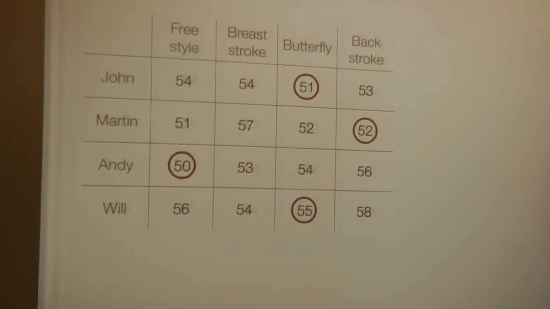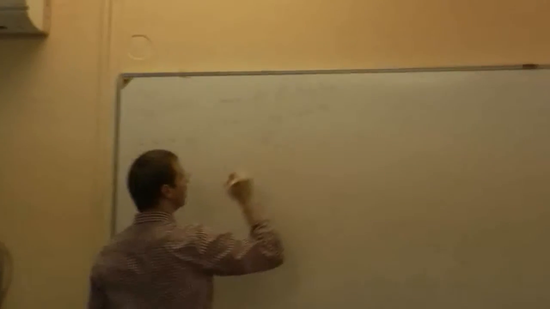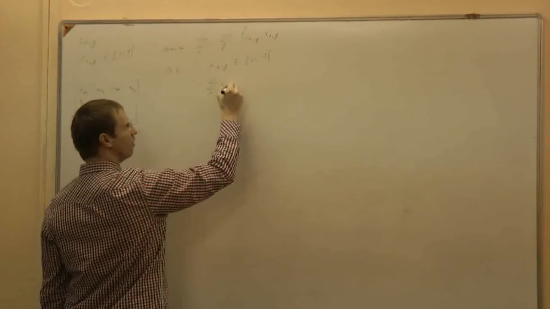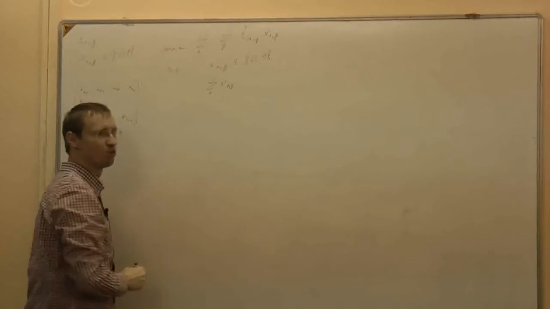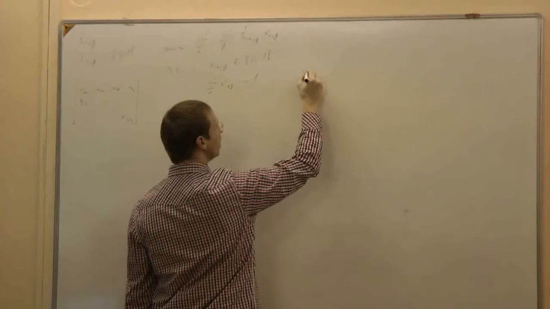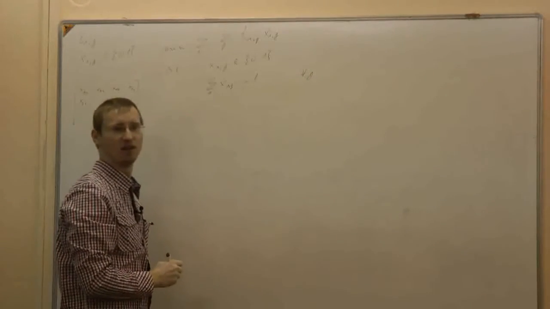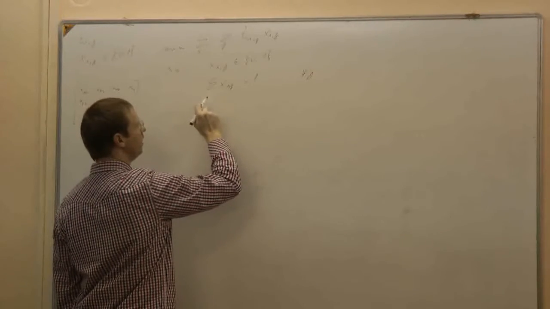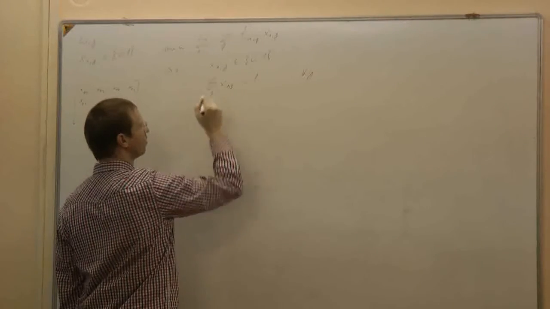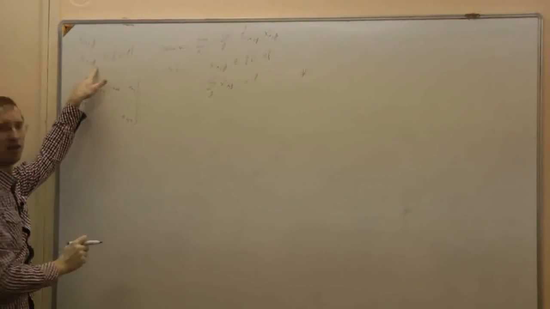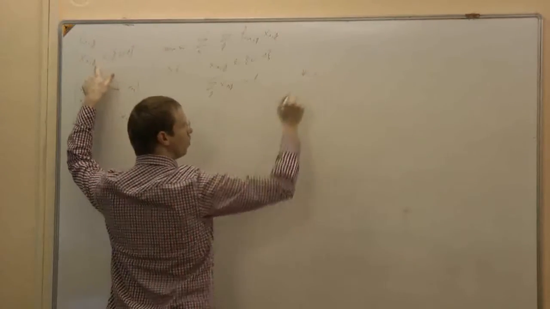Yeah? The sums, rows, columns. So the row sum has to be equal to 1 for each row. If it has to be the row sum, then we must sum over j's, because j's are for the columns. And this is for each row.